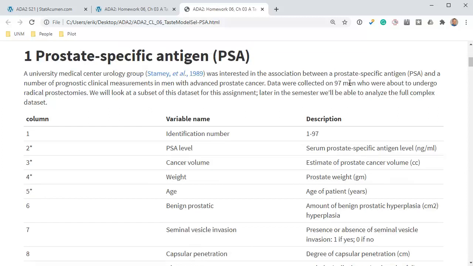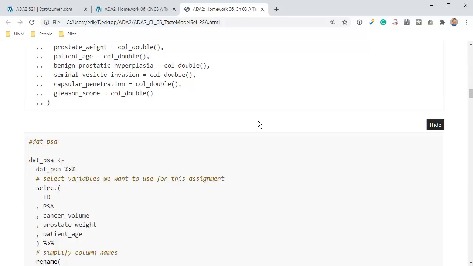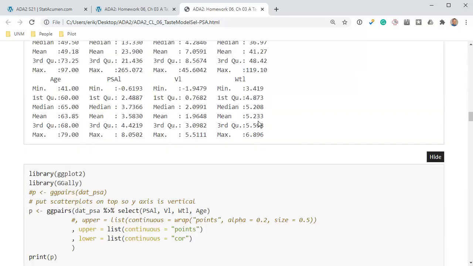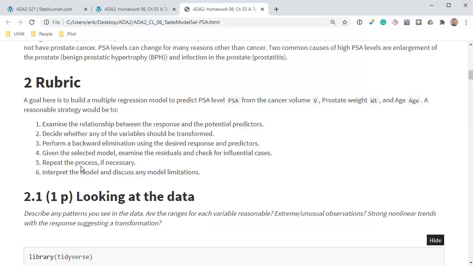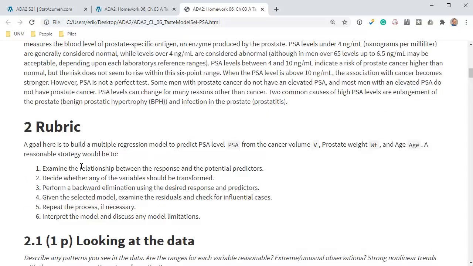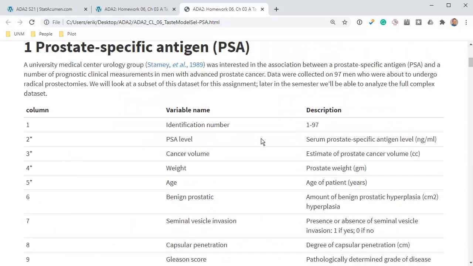So this model applies to men who are 40 to 80 years old, who were about to undergo radical prostatectomies.